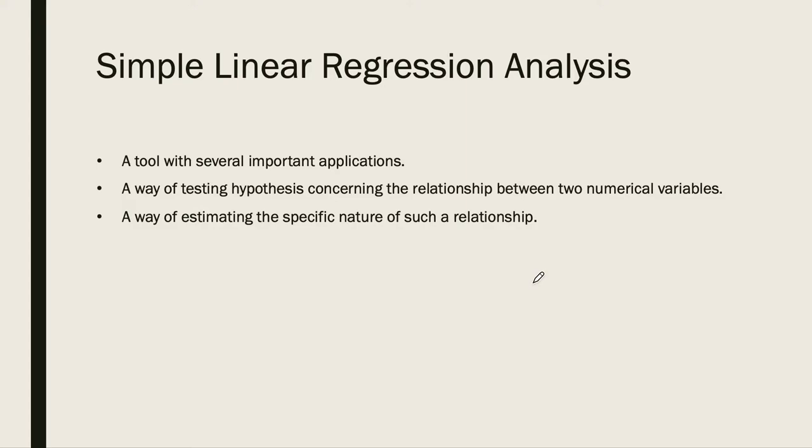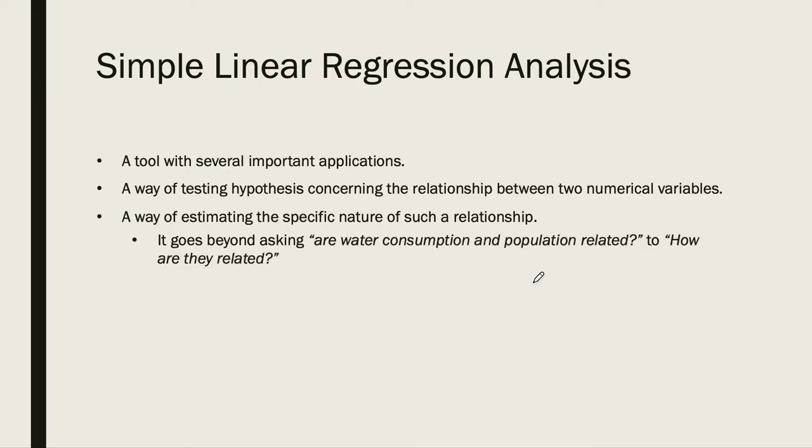Simple linear regression analysis goes beyond that and asks how are they related. For instance, are water consumption and population related? This is just a simple correlation problem. Regression answers this: how are they related?